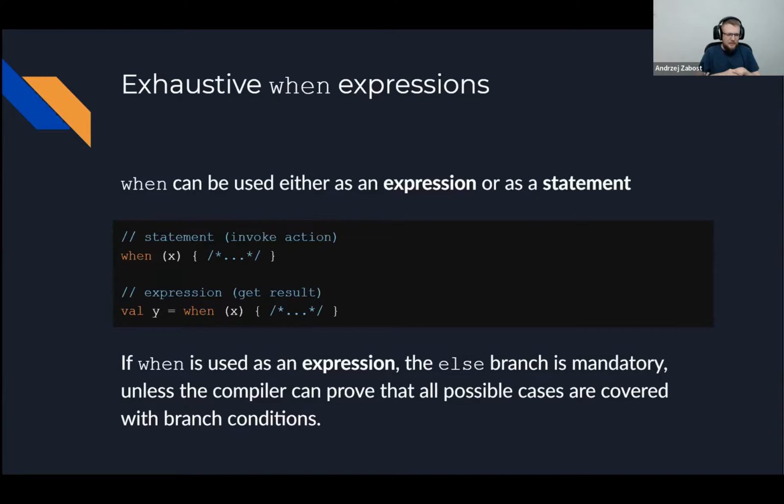This is also why we say this when expression is exhaustive. We need to cover all the possible cases because otherwise the compiler will say that there is something missing here.